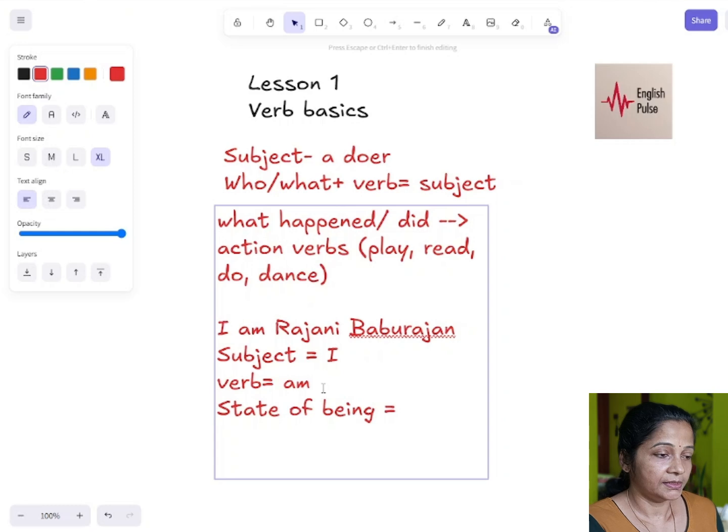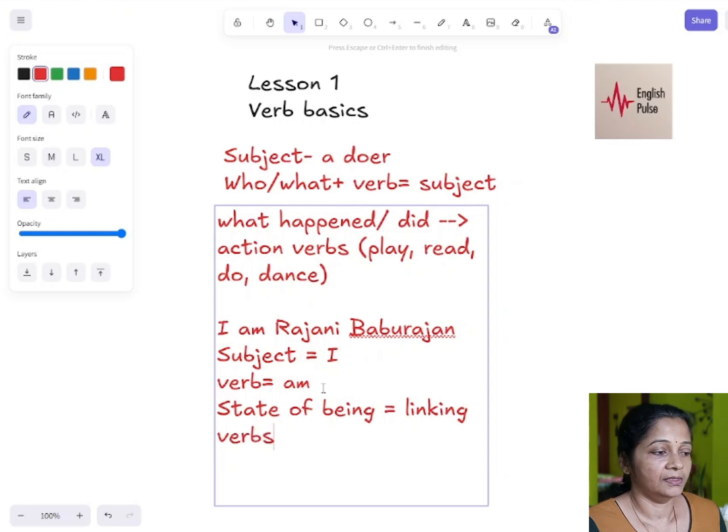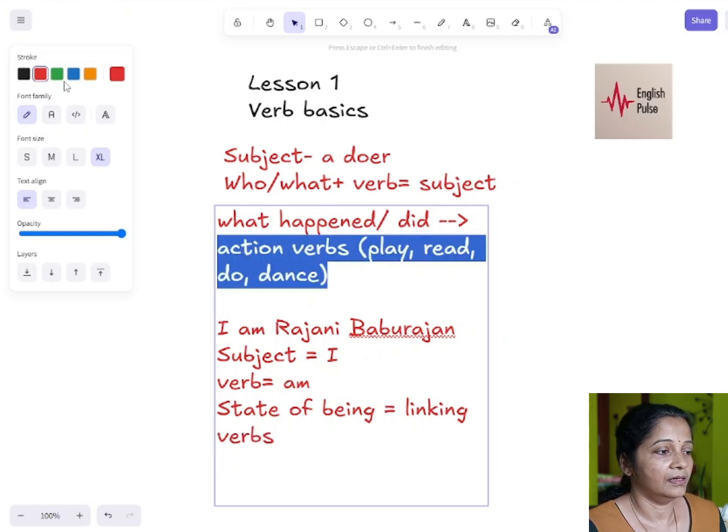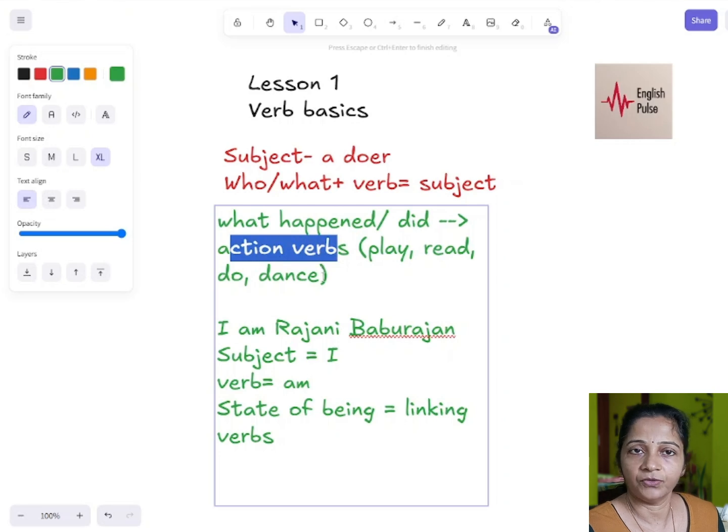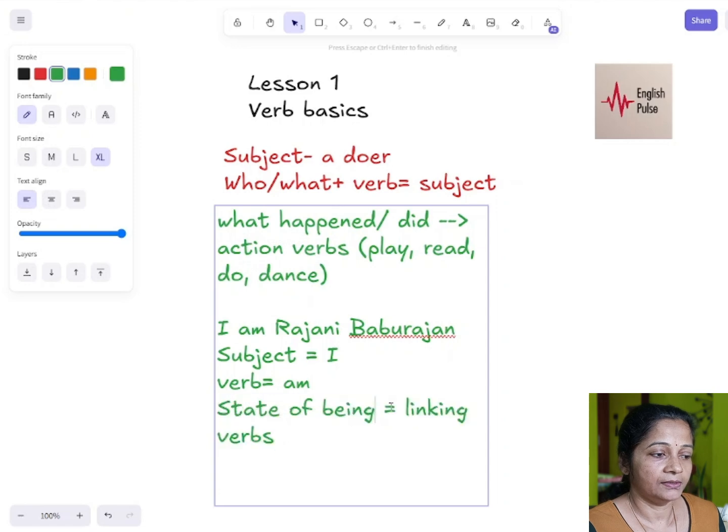Such verbs are linking verbs. So now you see, action verbs are those words which denote an action, like what happened to the subject or what the subject did, etc. Now the verbs that represent state of being are called linking verbs.